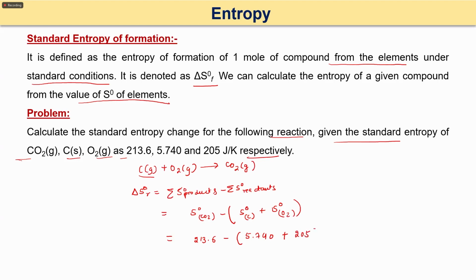If you solve this, you will get 213.6 minus 210.74, and if you do this, you will get standard entropy of the reaction as 2.86 joule per Kelvin.